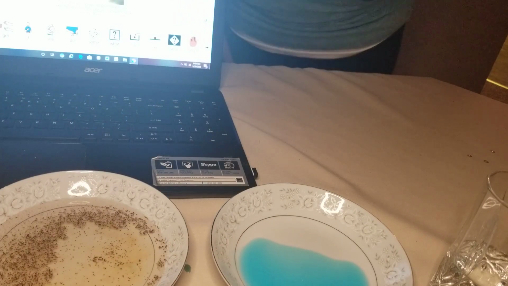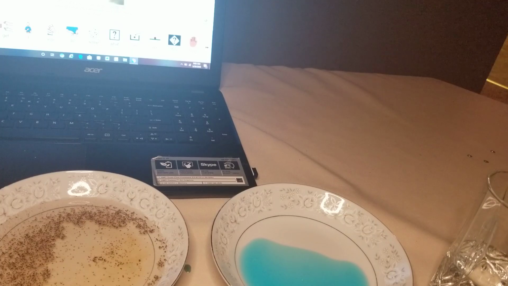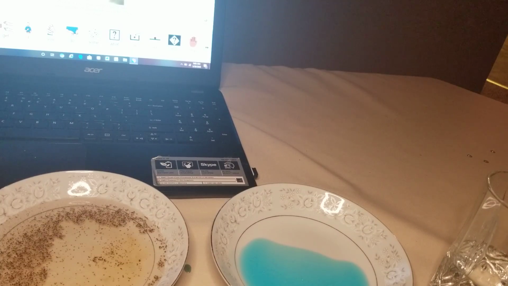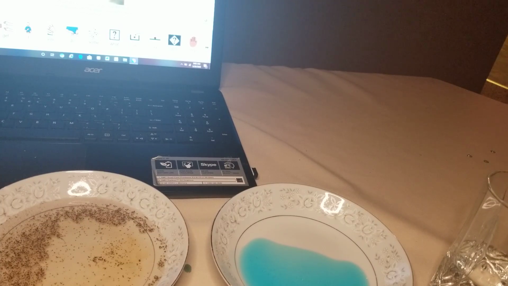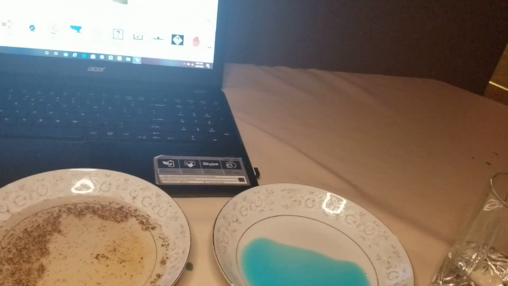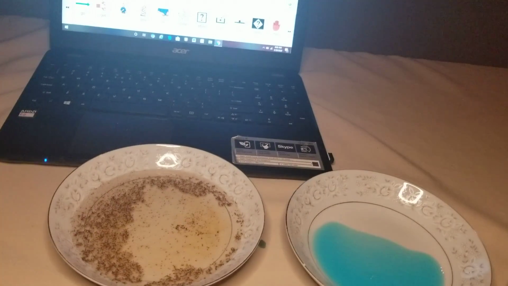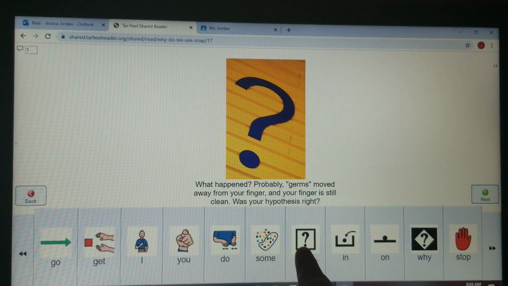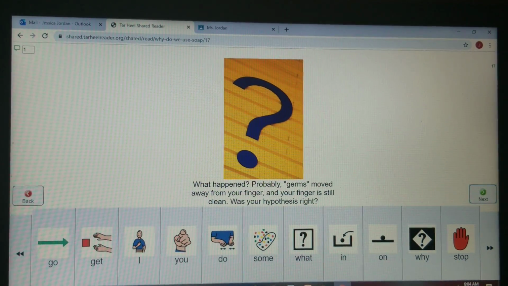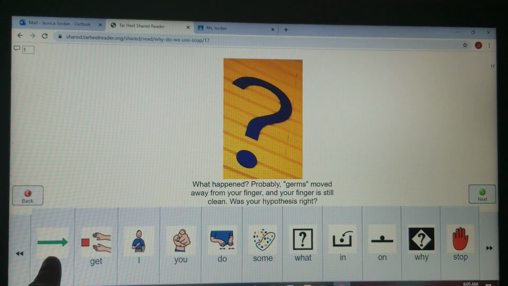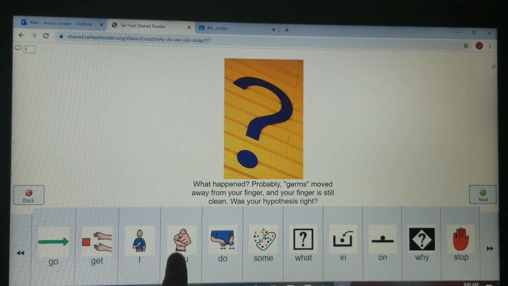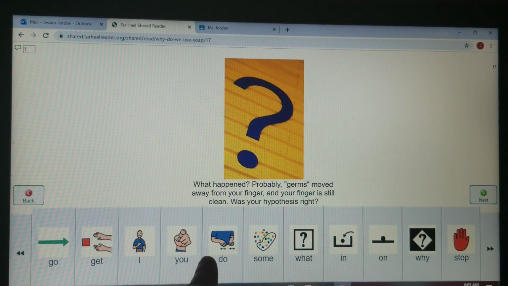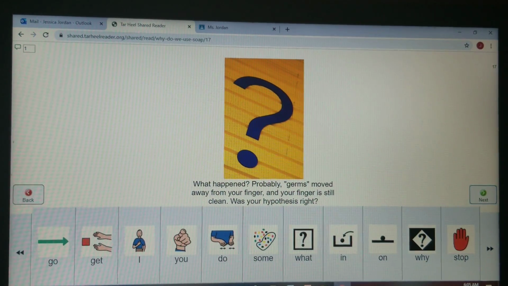And pull it out. And what happened when we dipped our soapy finger into our pepper germs? Probably germs moved away from your finger, and your finger is still clean.